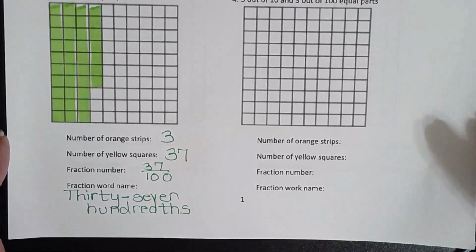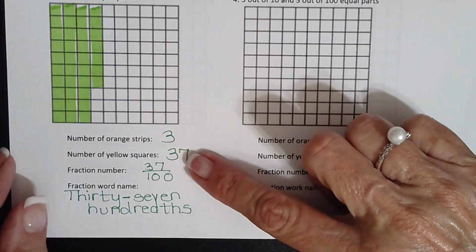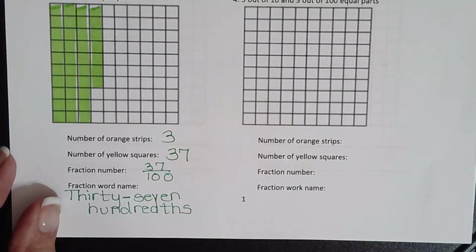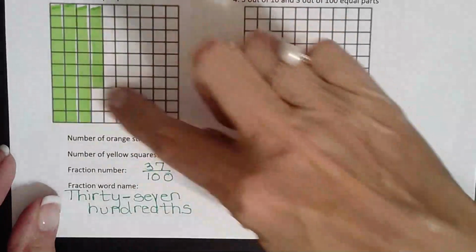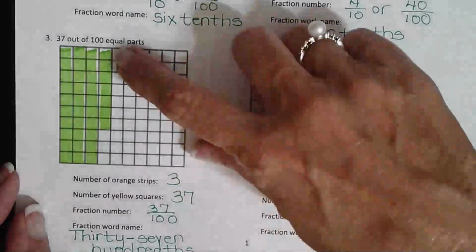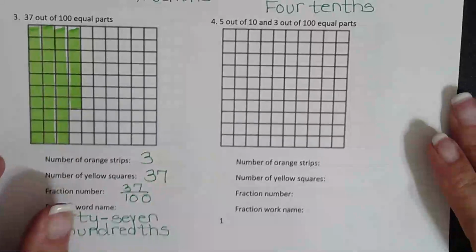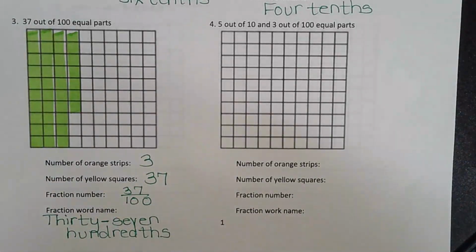So how'd everybody do there? And like I said, I'm not positive what they want us to write there, because there are 37 squares total, and we need that for this, so I think that's correct, but I don't know. They might just want the 7 that's left over. That's a tricky one.